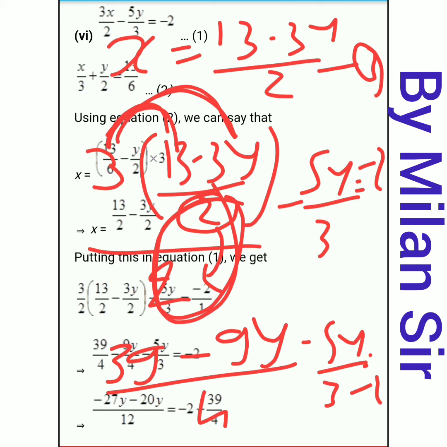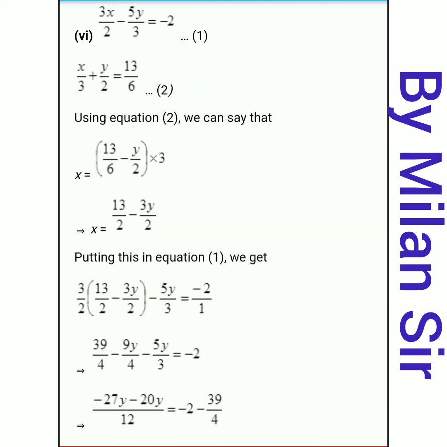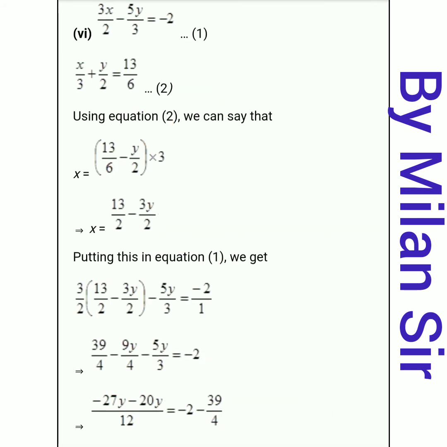Then what we need to do? We need to take LCM. Here in denominator we have 4 and 3. So our LCM is 12, right? So here we are just taking LCM. So first of all I write here 12. Now we have one bracket.